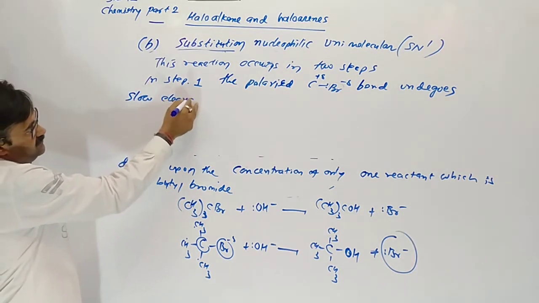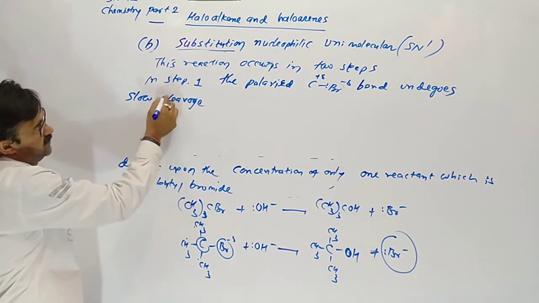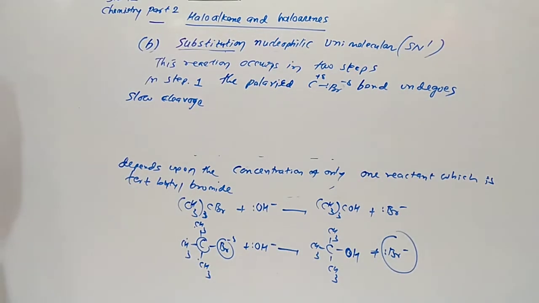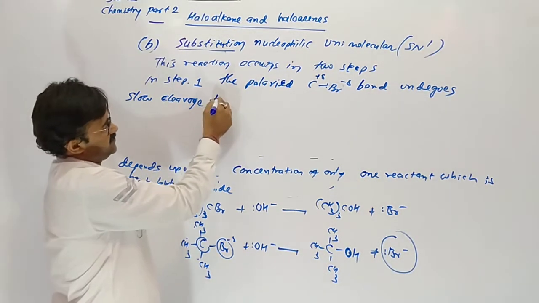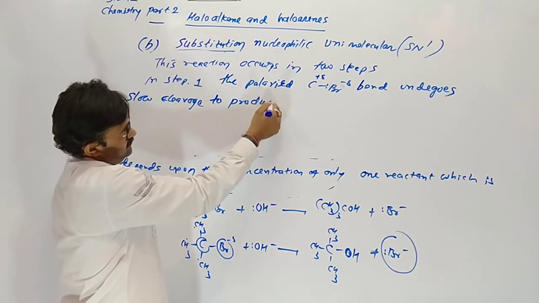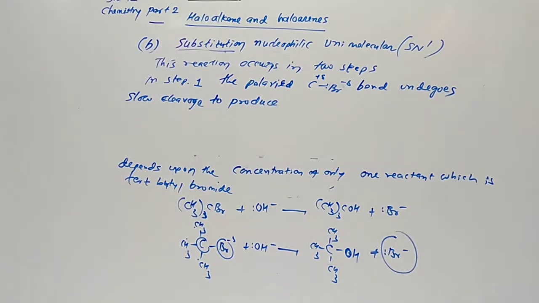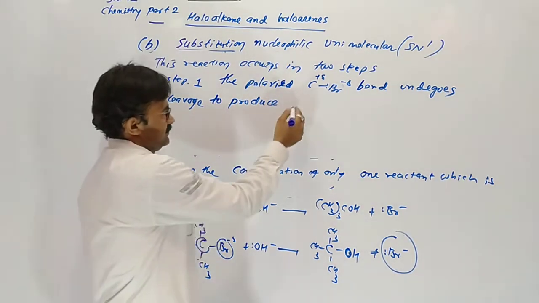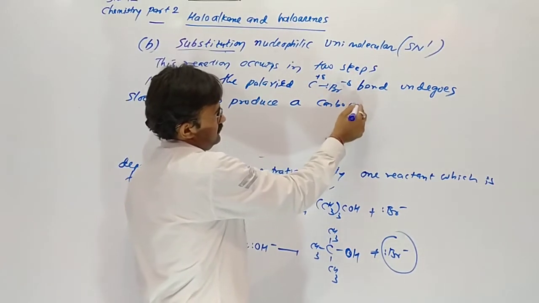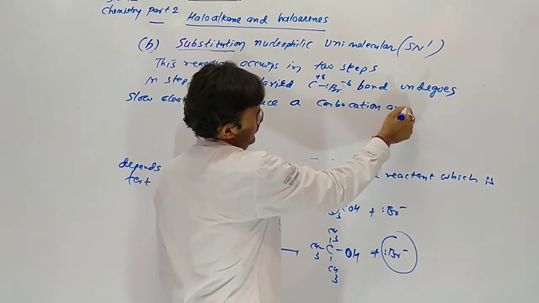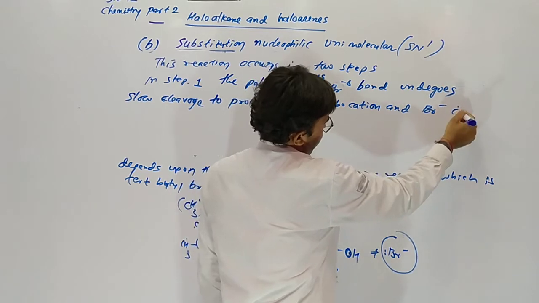Cleavage means breaking. It slowly breaks the bond between carbon and bromine to produce a carbocation and bromide ions.